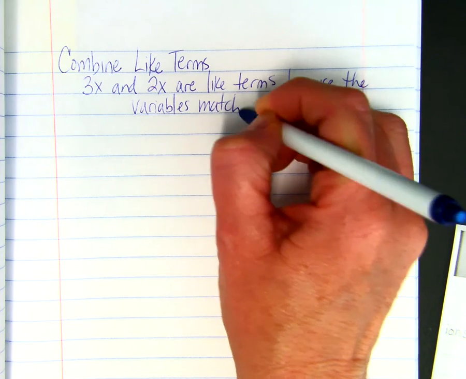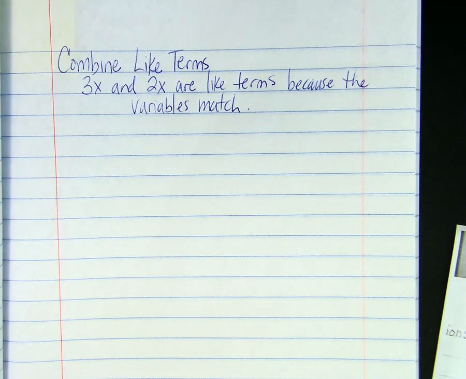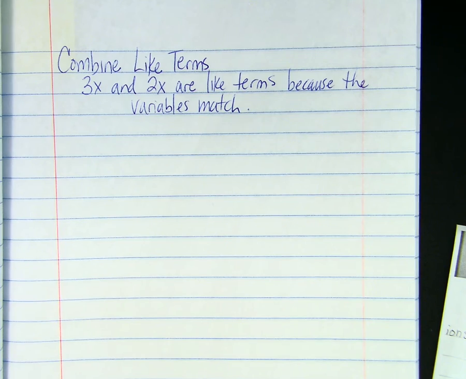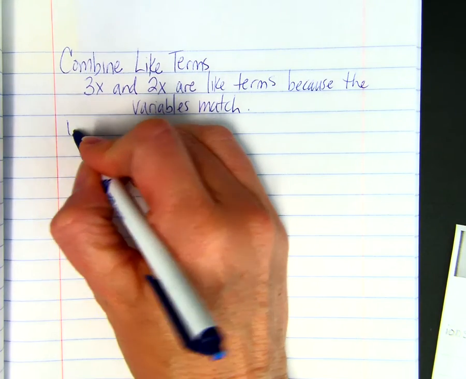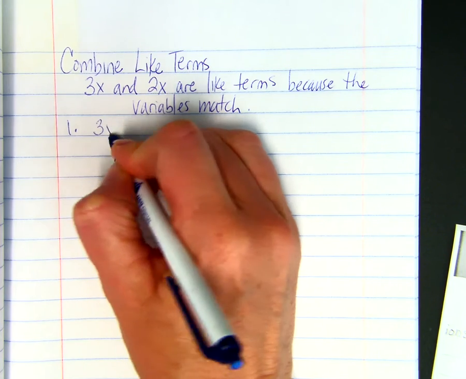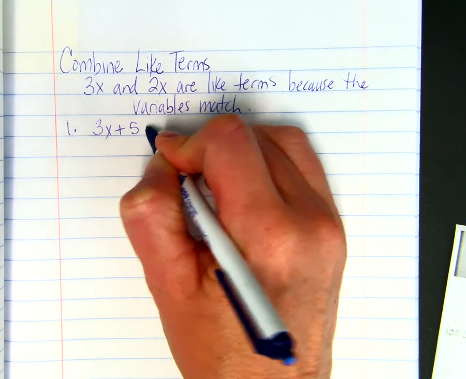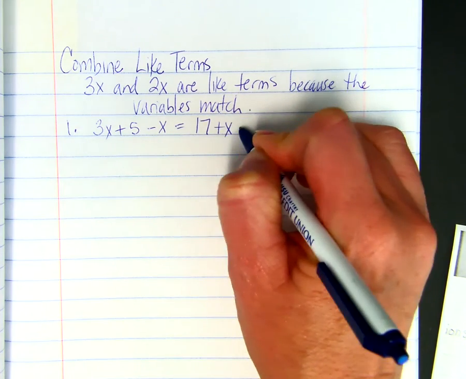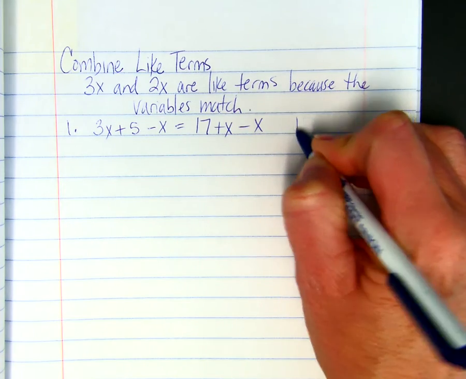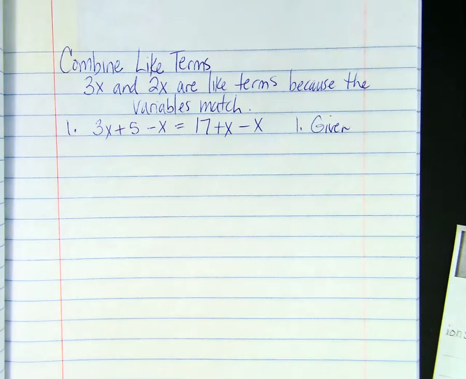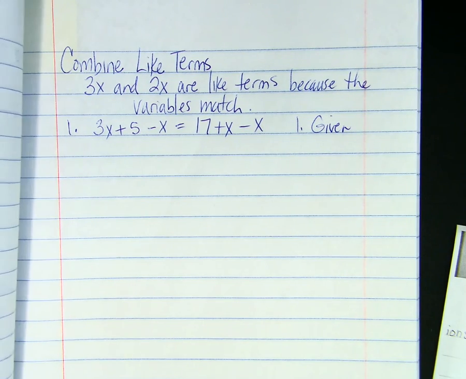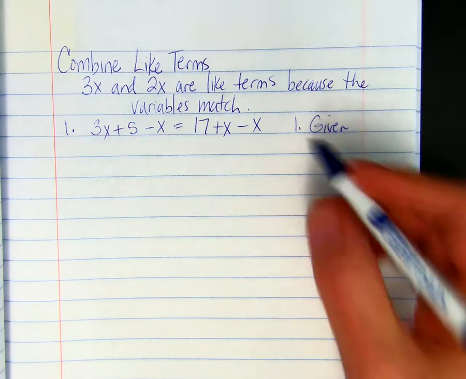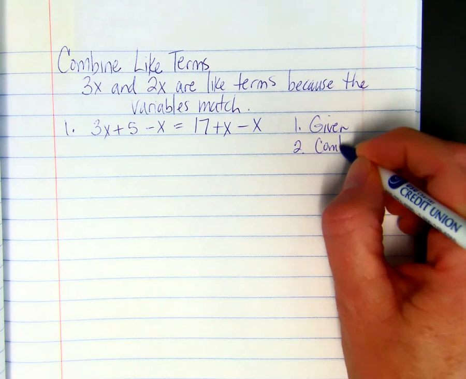When we are simplifying equations, let's start with the given. We're going to do an example: 3x plus 5 minus x equals 17 plus x minus x. And this is given. Then we want to combine like terms.